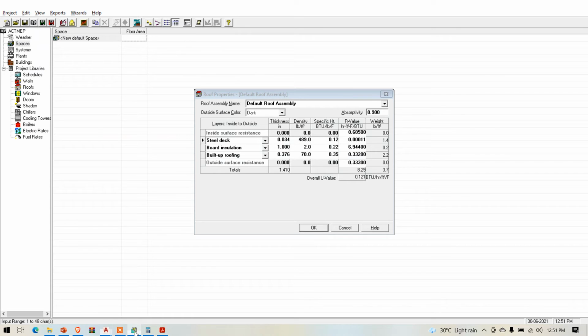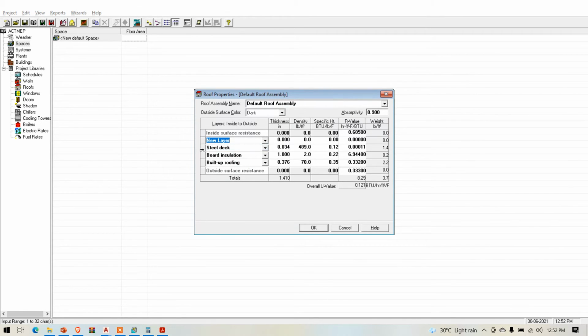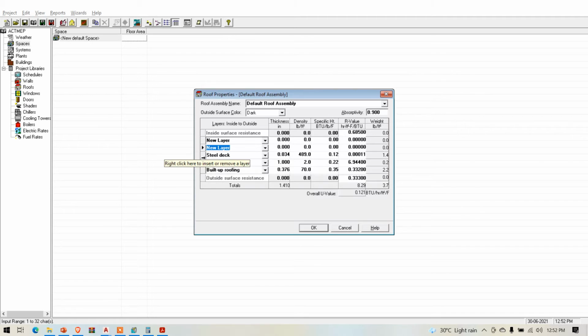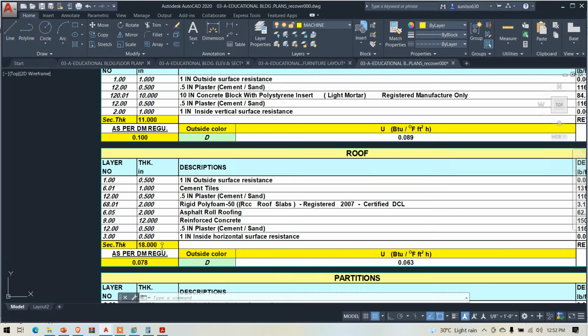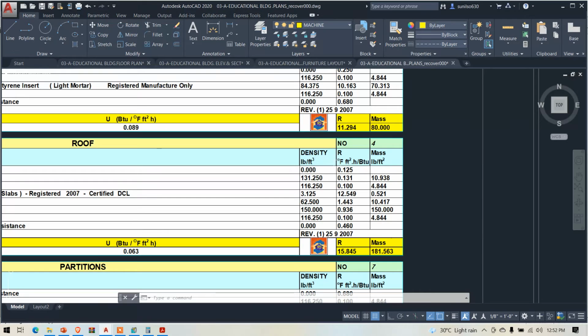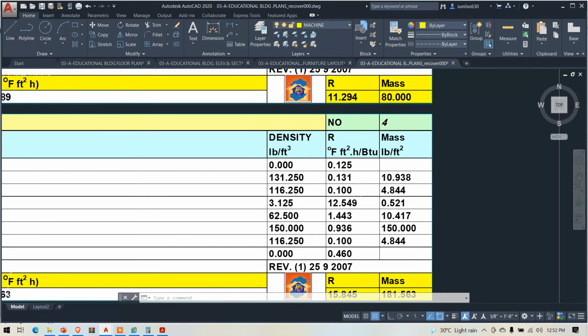Total 8 are there, and here there are only 5, but we require 8. So what will I do? I am going to insert 3 more, 1, 2 and 3. Total 8. Now here we have to provide the R values. The R values you are getting from your architectural layout, and these R values we have to provide over there.